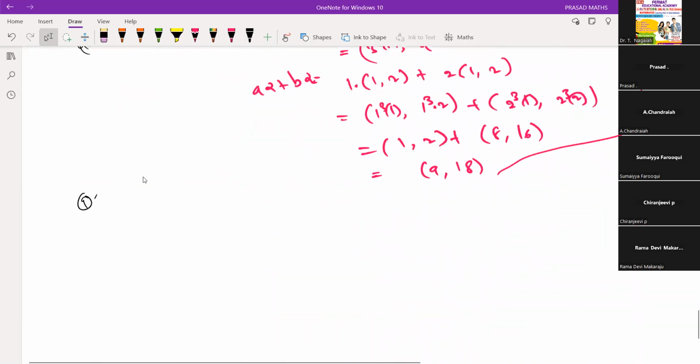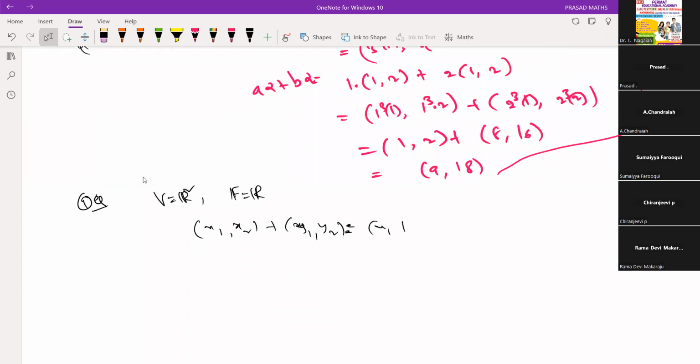To change that idea, what I do is I take V equals R2 and F equals R. You take (x1, x2) and this is (y1, y2). This is component wise, you fix it: (x1 plus y1, x2 plus y2). If I define this in a different manner, it is not a vector space, we have seen.